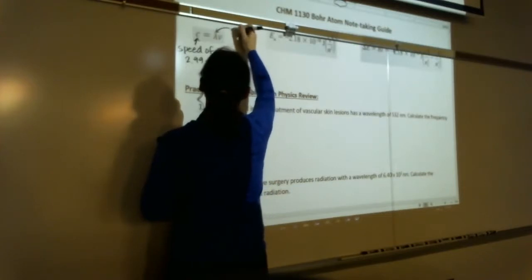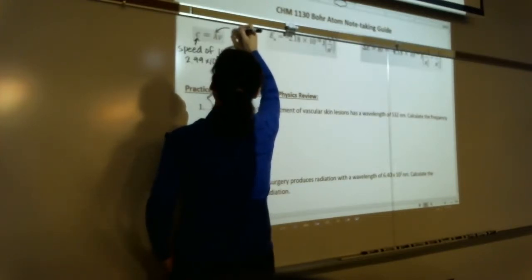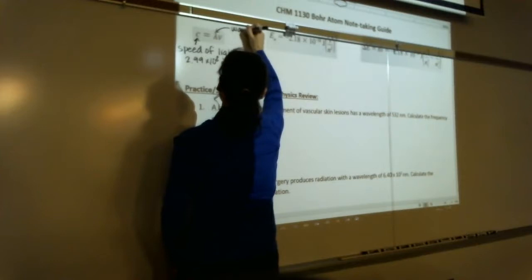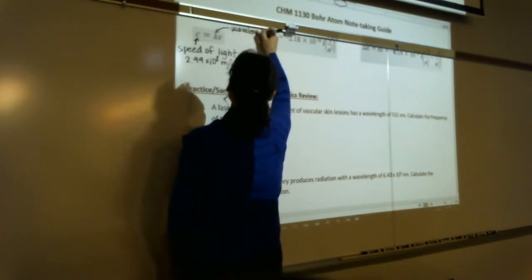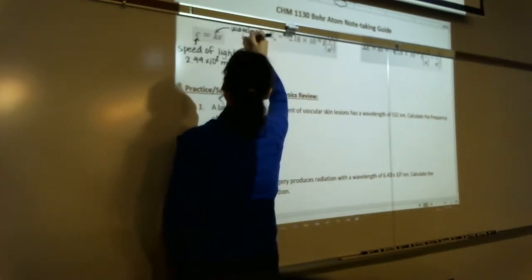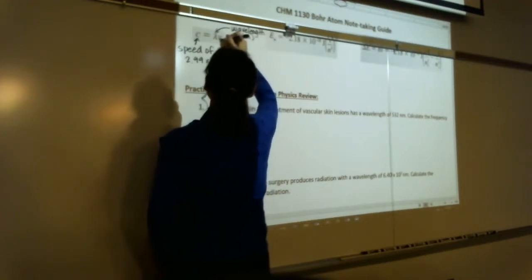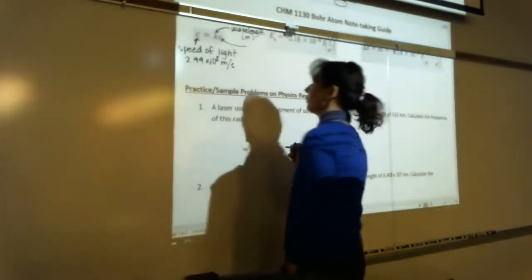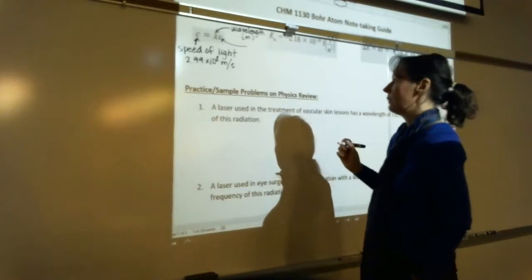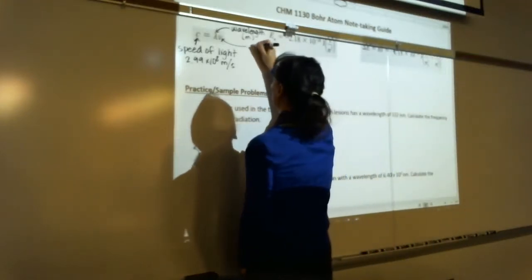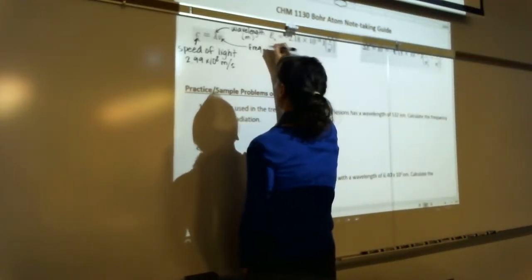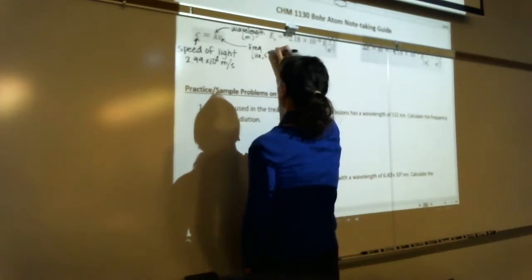It stands for, does anyone know? Wavelength. And that's in meters. And then this last one is not a V, it's the Greek letter mu, lowercase, and it is frequency. And it's usually in hertz, which is seconds inverse.